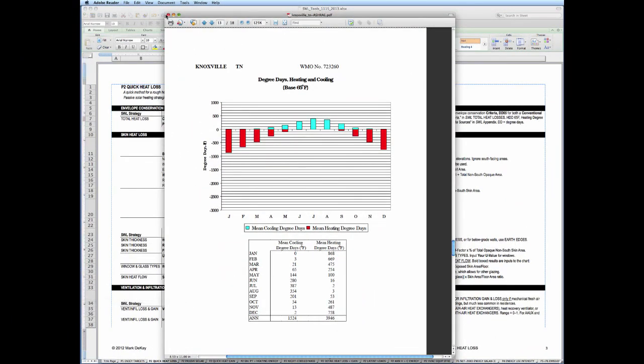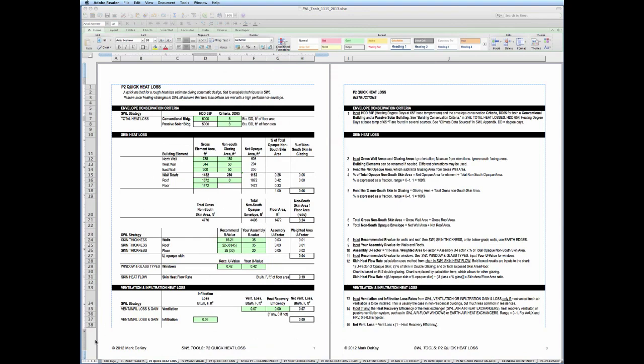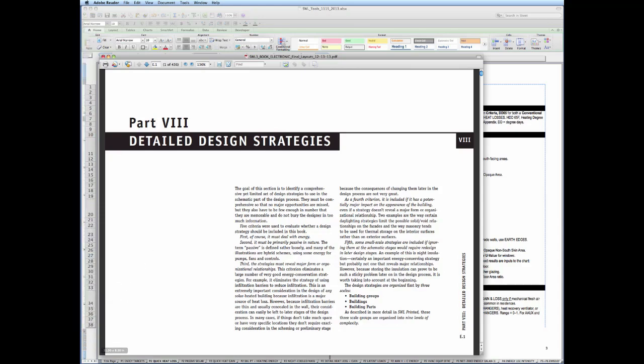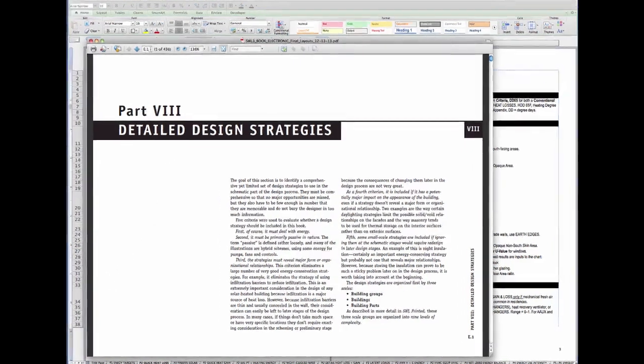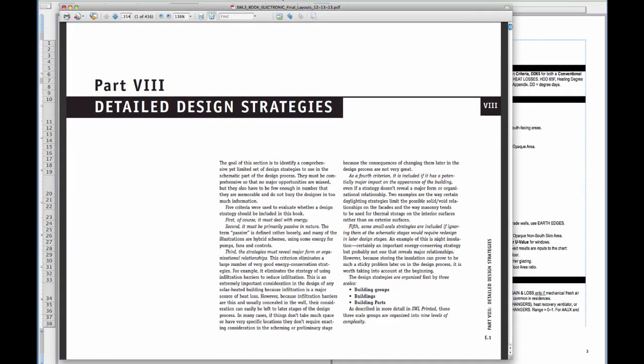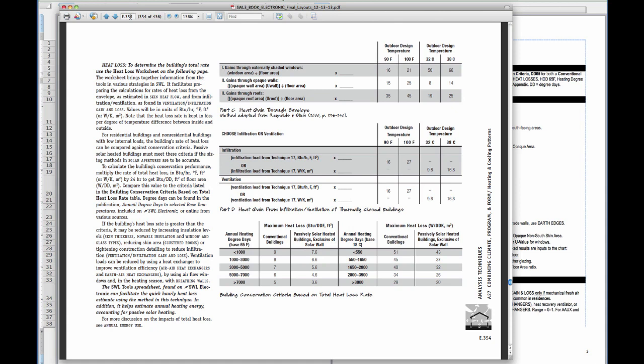So I'm going to close this and pull up my SWL electronic pages, and I'm going to go to page E354. So you'll notice over here on the right hand side there's a footer.